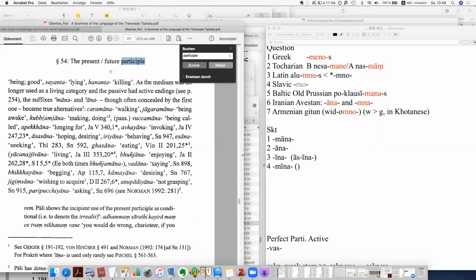Yeah, as you can see, we have already seen that the future participle has a similar form, like sayanta, lying. Yeah, in Sanskrit it's called shaya or shaye, yeah, lying, and hananta, killing, right? And then for the middle participle, the suffix is called mana and ana. Right, yeah, okay.